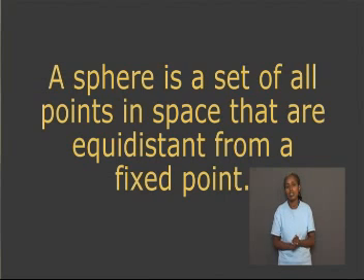The fixed point is called the center, and the common distance of all the points of the sphere from the fixed point is called the radius of the sphere. You may not have written your answer in exactly that way, but if you expressed the idea correctly, well done.